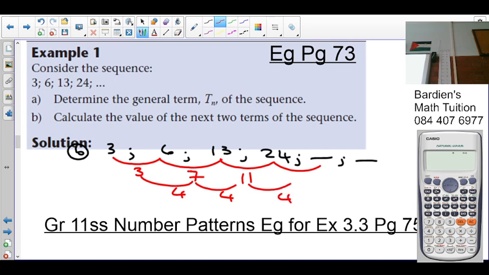Not so? 11 plus 4 is 15. Add 4 again. 15 plus 4? 19. And they have answered B. Calculate the value of the next two terms in C.